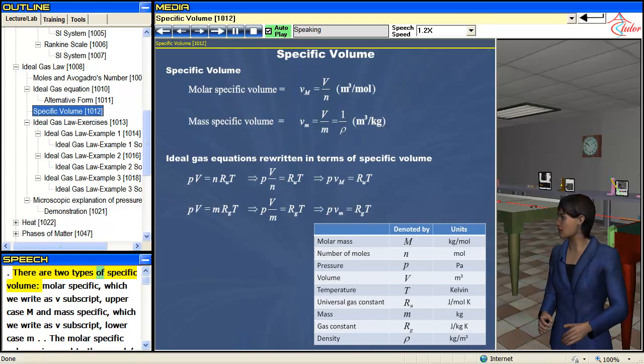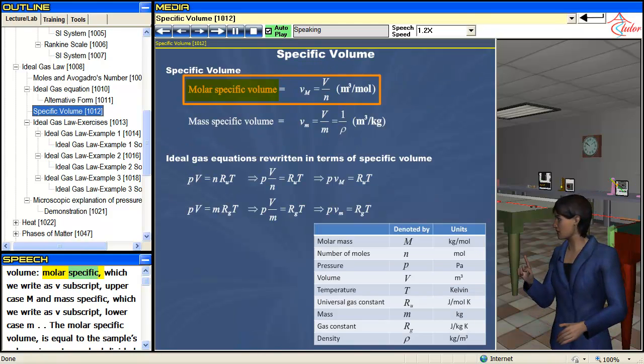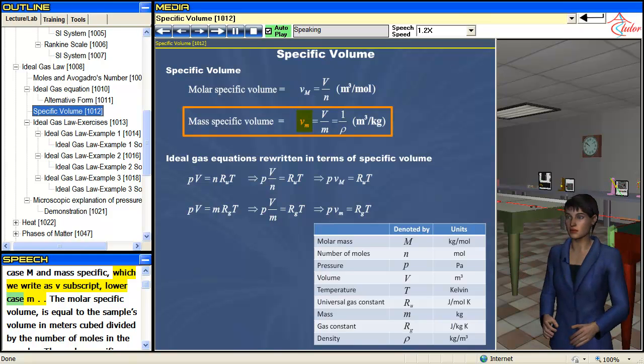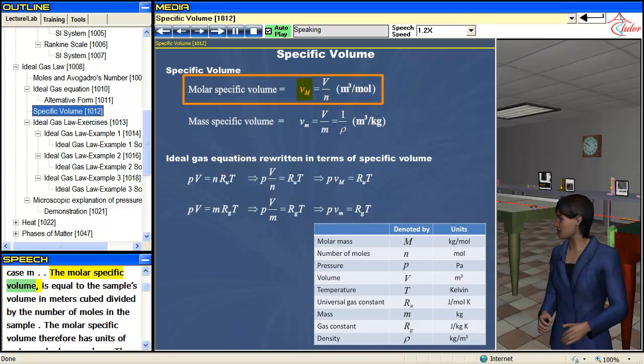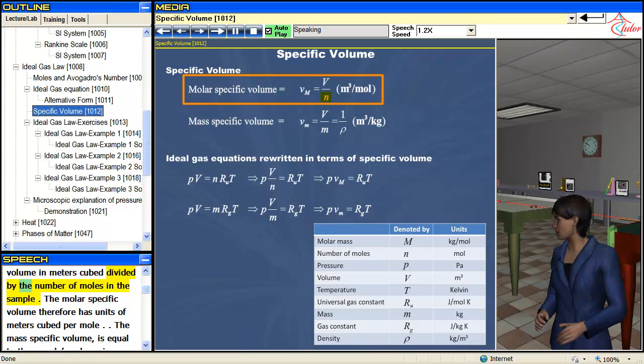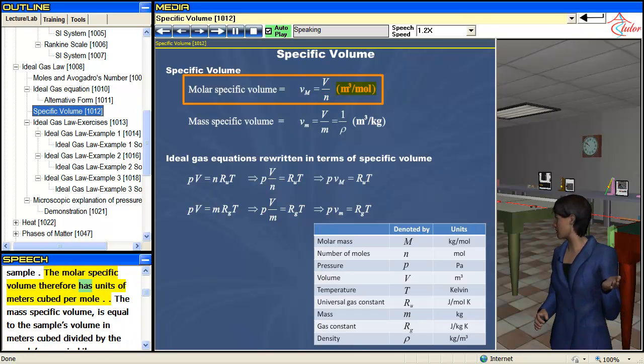There are two types of specific volume: molar specific, which we write as V subscript uppercase M, and mass specific, which we write as V subscript lowercase m. The molar specific volume is equal to the sample's volume in meters cubed, divided by the number of moles in the sample. The molar specific volume therefore has units of meters cubed per mole.